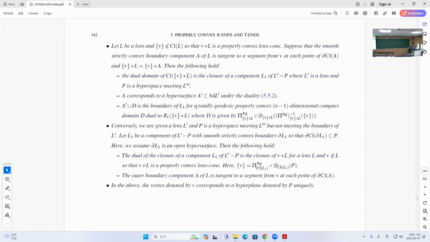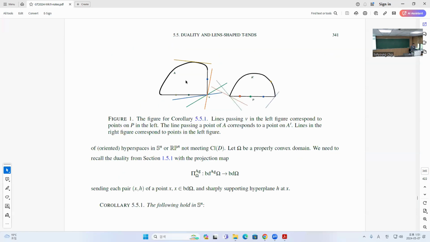Okay. So RB part is the set of rays from V to V star L, and D is given by some difficult formula, but I don't want to explain. So this is essentially captured here.